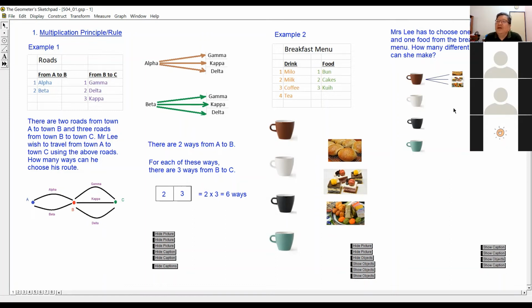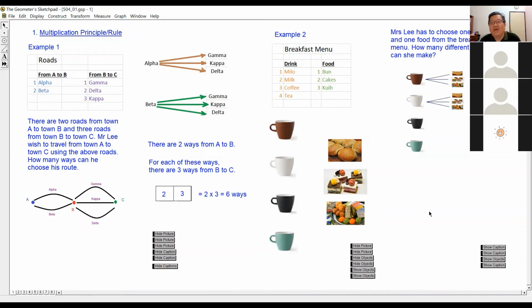Very good. So let's say if she doesn't want to take the Milo, she wants to take a cup of milk. So for the cup of milk also, she can take any of the 3 types of food, right?